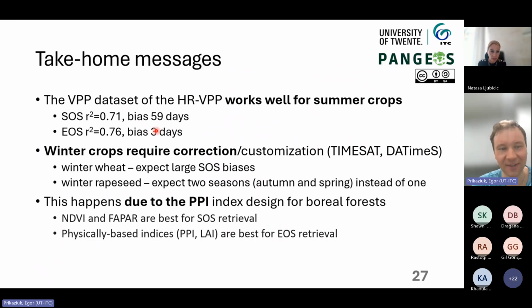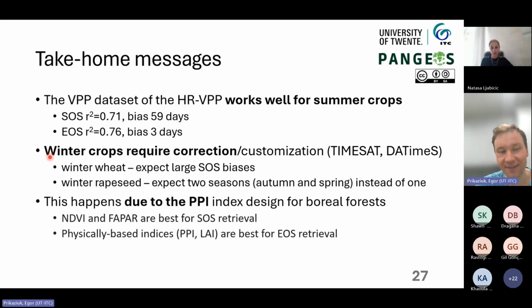It's perfect. For winter crops, either you are fine with knowing that you have a large SOS bias for winter wheat and you have 2 seasons for rapeseed instead of 1, or you have to use custom algorithms with TIMESAT, with DATETIMES, maybe look at our paper, which parameterization we used, because that was the trick.